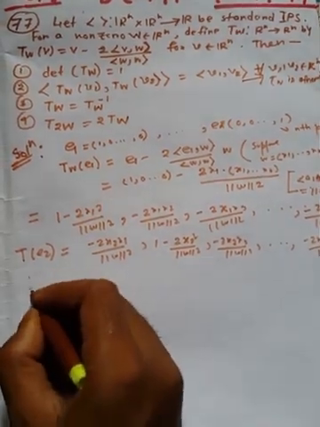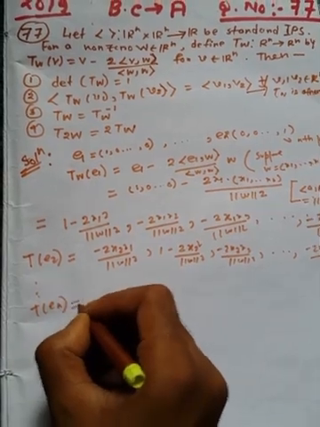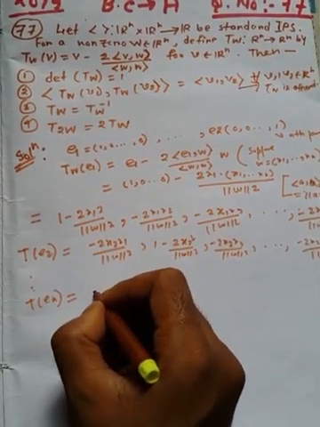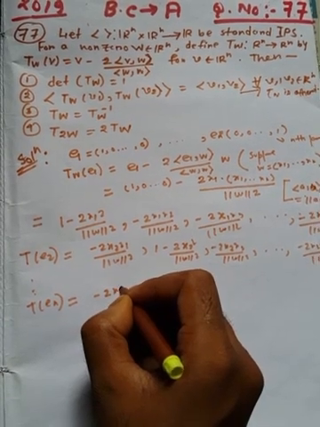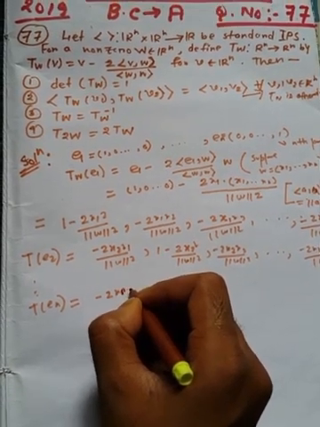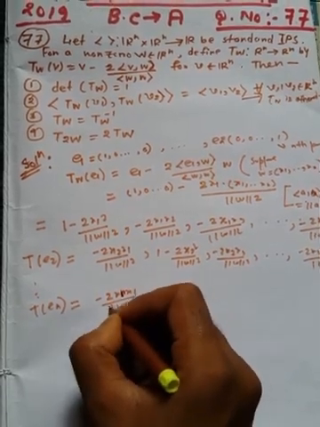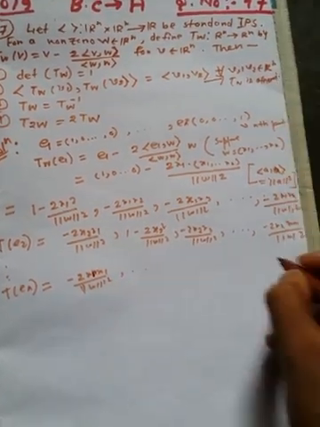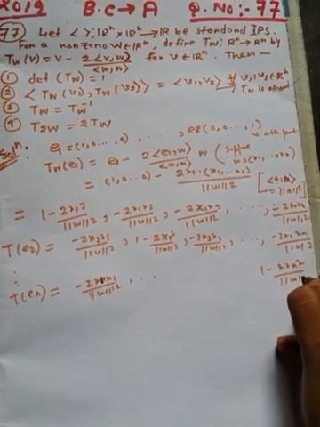Similarly TW En, what will we get? We get minus 2 xn x1 by norm W square, and so on, and the last term is 1 minus 2 xn square by norm W square.